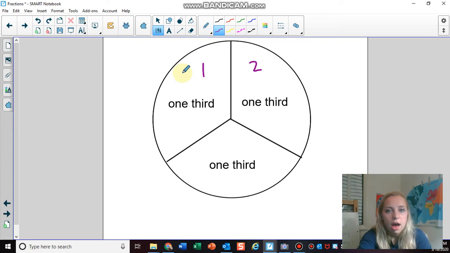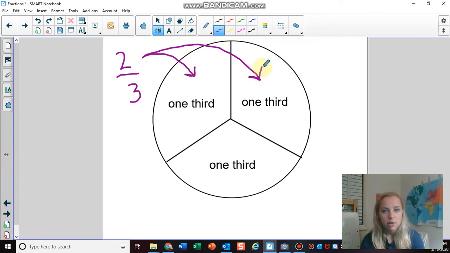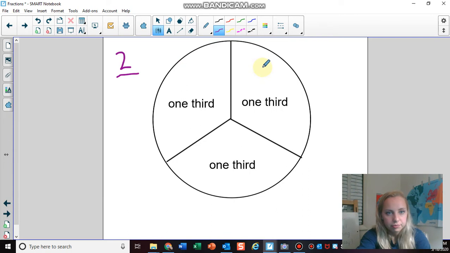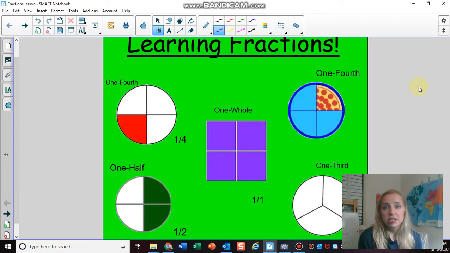Now, if I took 2 of the thirds away, I would have 2 out of 3 of the parts, or 2/3. Okay? So basically a fraction just depends on how much you have of the whole.